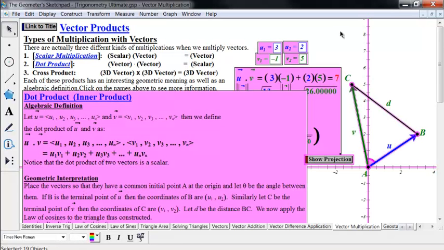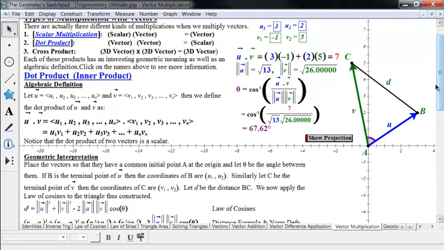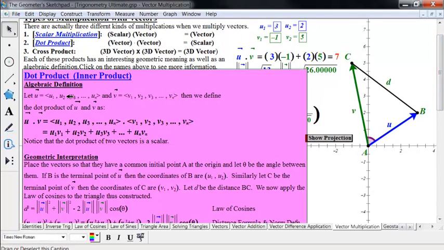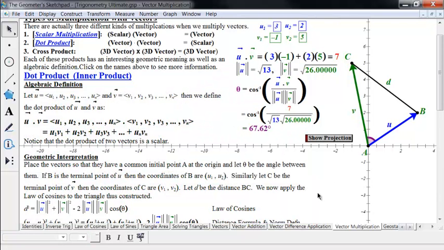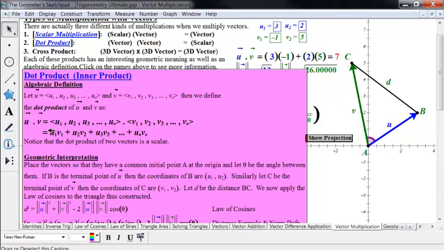So the dot product or inner product, let's take a look at this, and we'll start by looking over here at the algebraic definition. If we let u be a vector u1, u2 up to un, and v be a vector v1 up to vn, we define the dot product of u and v, written with a little dot.